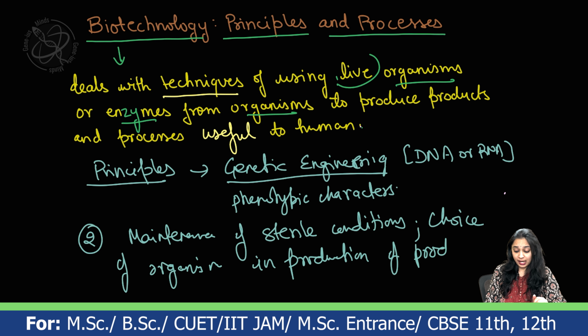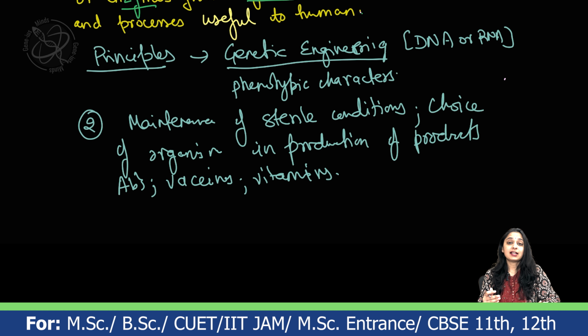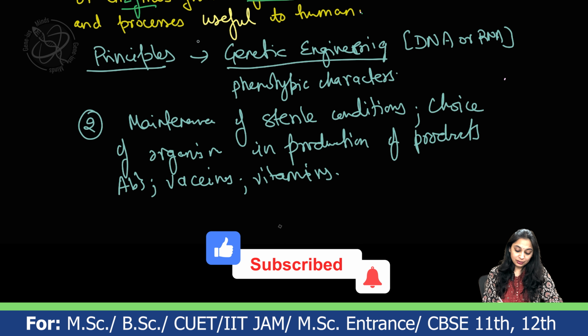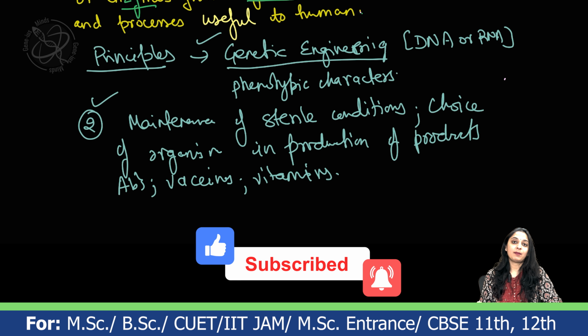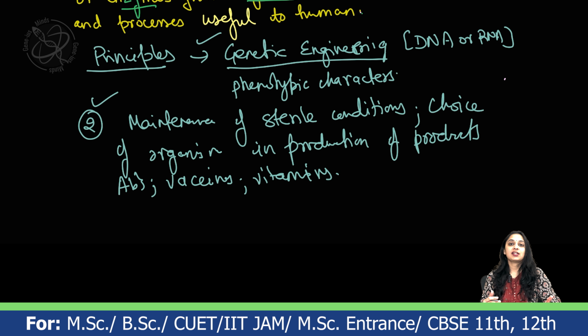Like it can be your antibiotics, vaccines, or vitamins. All these are biotechnology derived products where we are synthesizing them from the organism's genes. So these are the two very important principles of biotechnology, genetic engineering and maintenance of sterile condition, so that the organism of interest can grow and we can synthesize products of our choice.